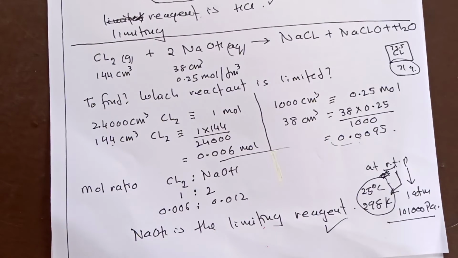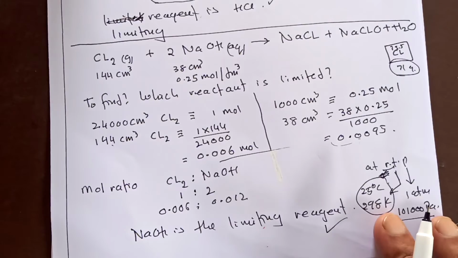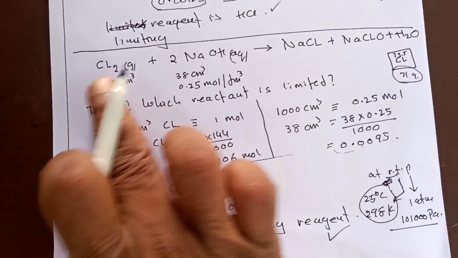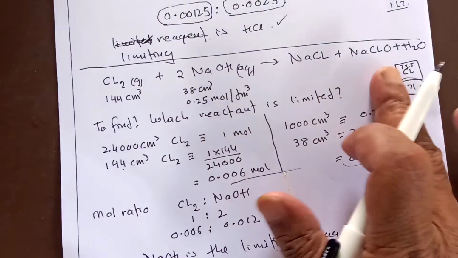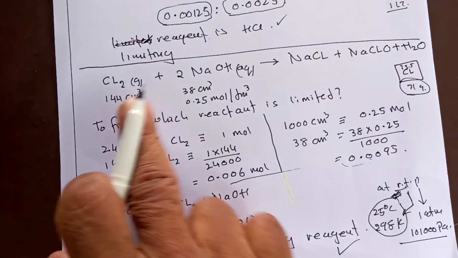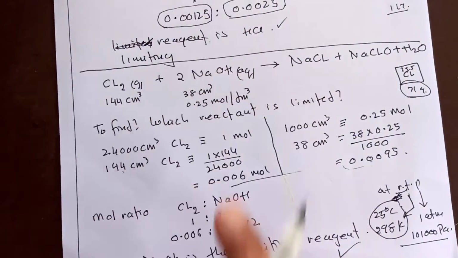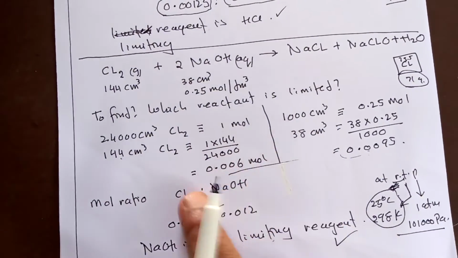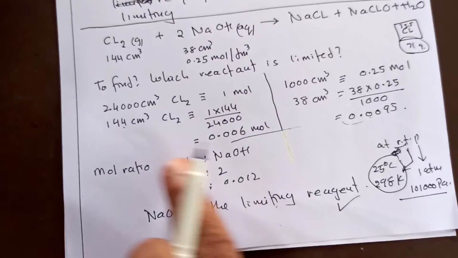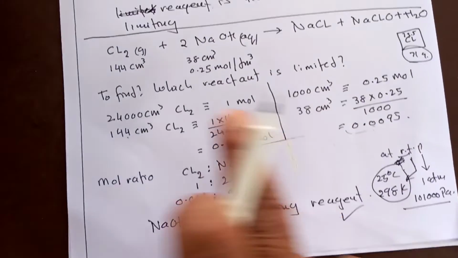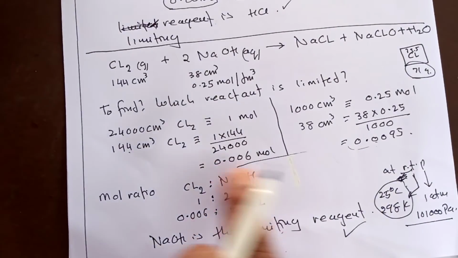One more question to find the limiting reagent in a reaction, given a balanced equation and given the mass or volume or concentration: you have to convert to moles and use the mole ratio. You have to calculate the number of moles of each one. Then you have the mole ratio.